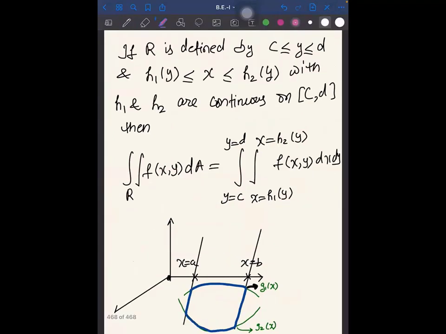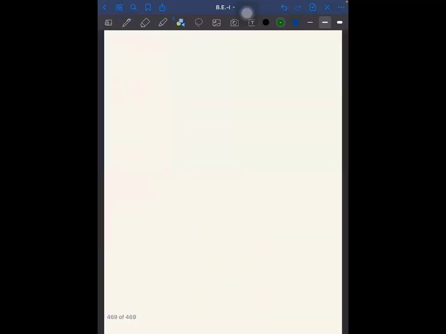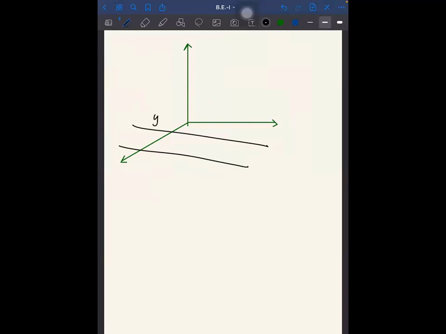Second case is similar. You have to make it like this. Now the limits of y are constant, let's say from here to here. Okay. So this is your y is equal to c and this is your y is equal to d. But this time your x will get varied, let's say from this to this.